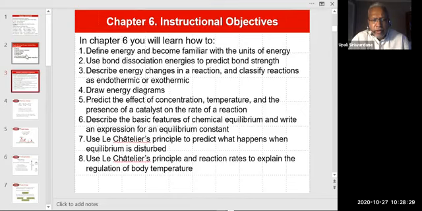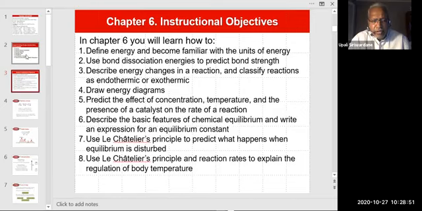Then we're going to predict the effect of concentration, temperature, and catalyst on the rate of a reaction. Then we're going to describe the basic features of chemical equilibrium, write equilibrium expressions for reactions, and define the equilibrium constant.